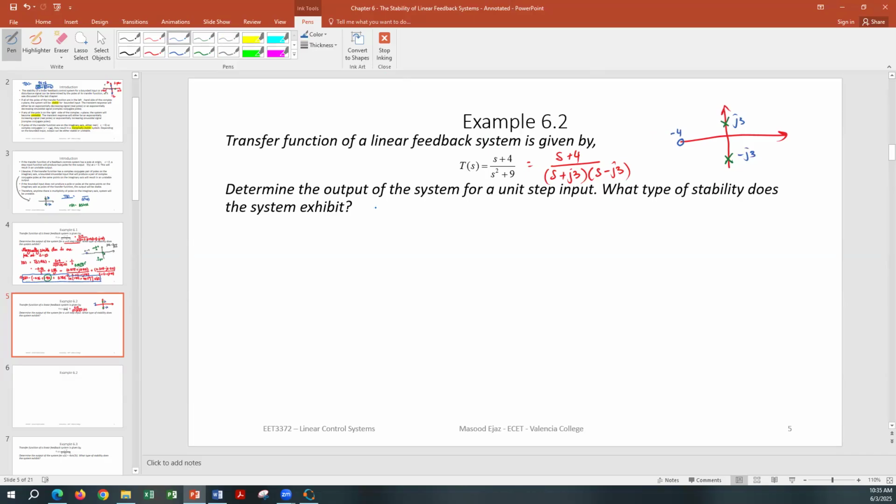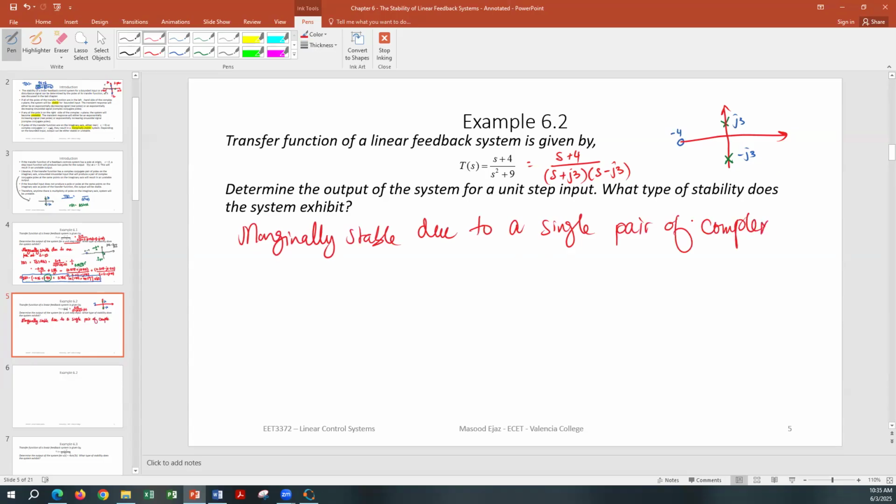The system is marginally stable due to a single pair of complex conjugate poles on the y-axis.